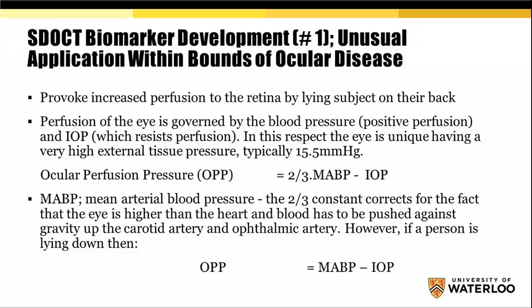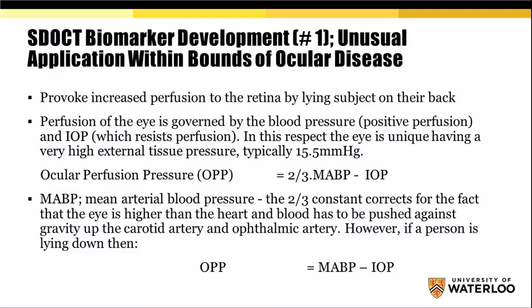The constant of 2/3 is there because the eye is higher than the heart, and blood has to be pushed against gravity up the carotid artery and ophthalmic artery in order to get to the eye. However, if a person is lying down, that factor of 2/3 is no longer relevant, and in the supine position, OPP, or ocular perfusion pressure, is equal to mean arterial blood pressure minus IOP.